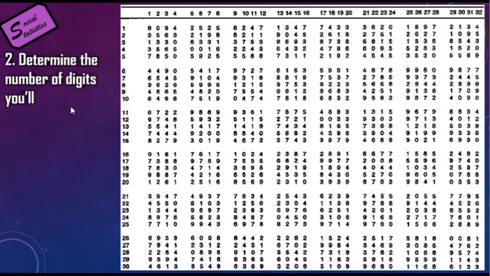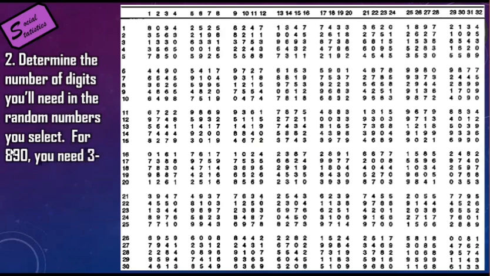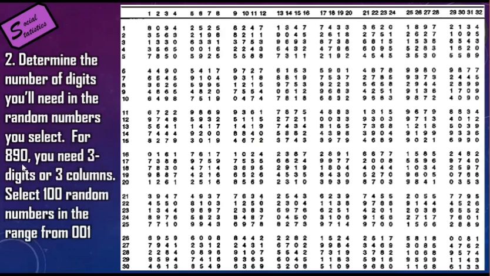Now, second, determine the number of digits you'll need in the random numbers you select. For 890 population, you need 3 digits or 3 columns because each column here has 1 digit only. So you select 100 random numbers in the range from 001 to 890.